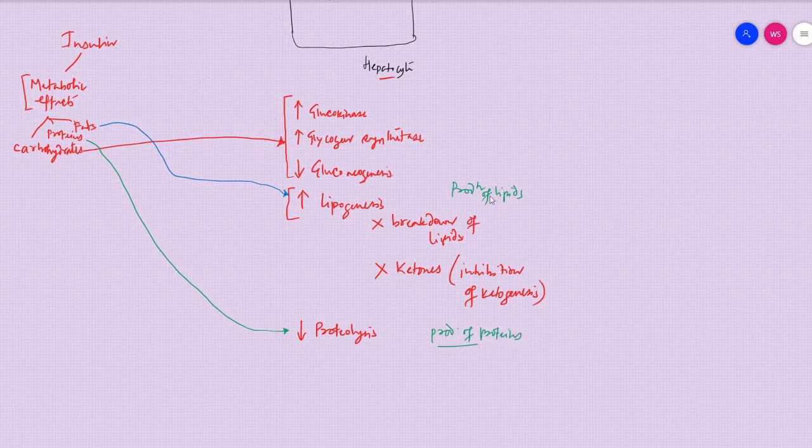If proteins and lipids increase, that will lead to weight gain. Increased production of proteins and lipids is an anabolic process, meaning there is a buildup. So we can say here that insulin also has anabolic effects.